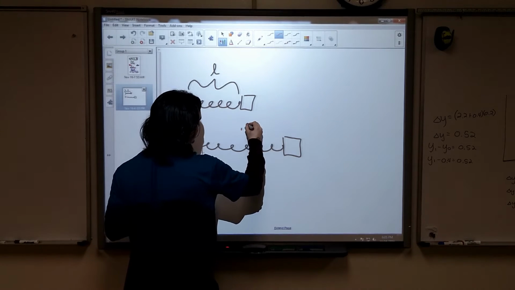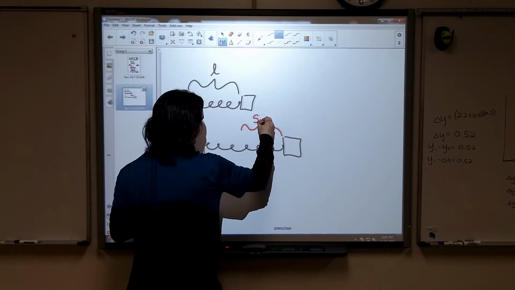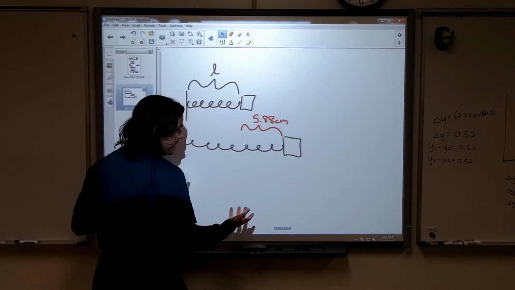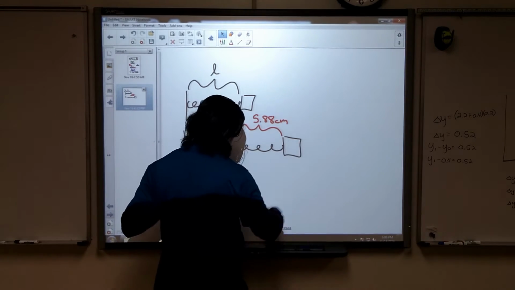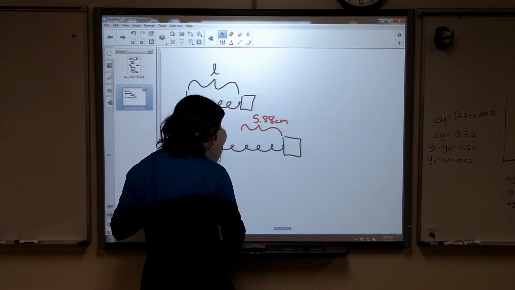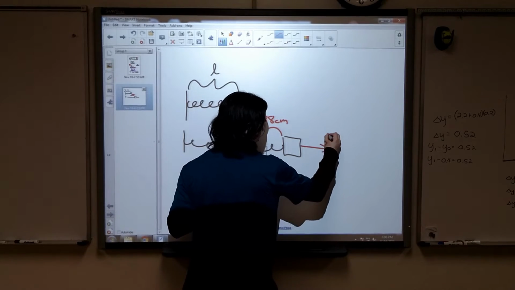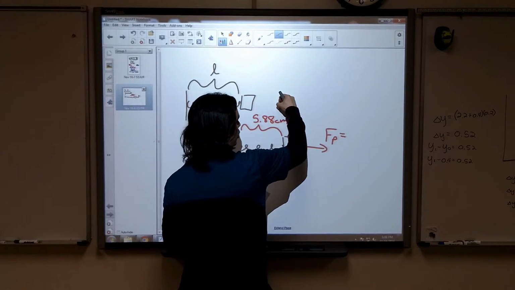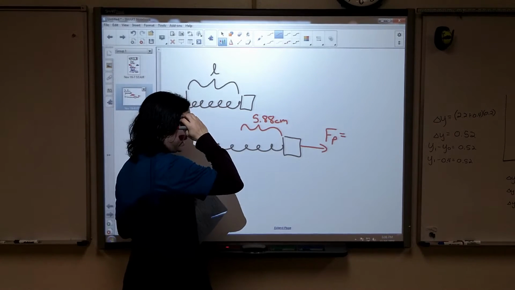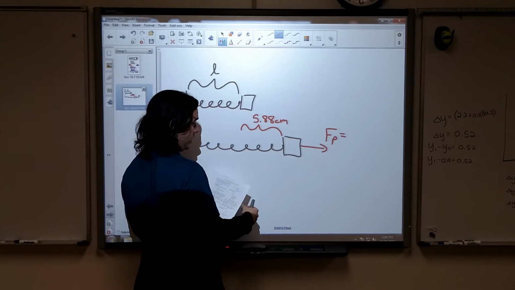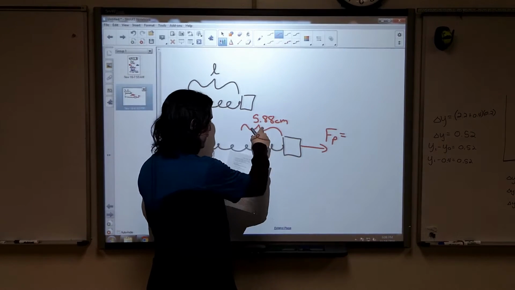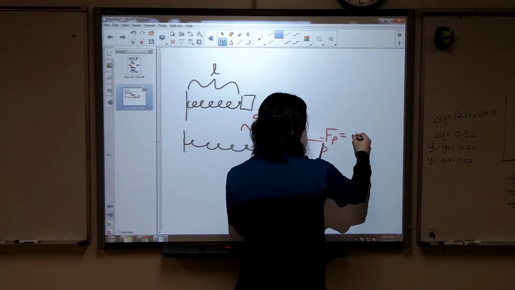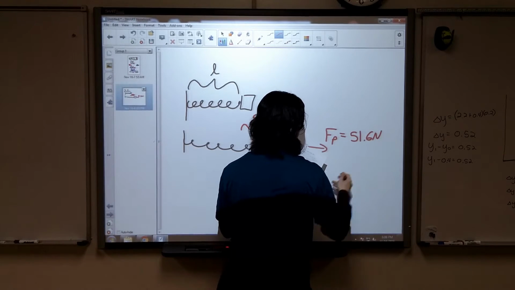And we've got this distance, 5.88 centimeters. They've got a force with which they're pulling this way. They started at 0 and pulled harder and harder, as we saw in class. You have to pull harder and harder to stretch the spring out. And when they got it 5.88 centimeters away, the force they're pulling with is 51.6 newtons.